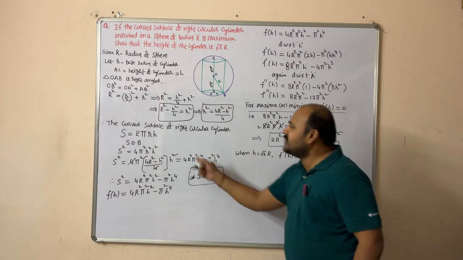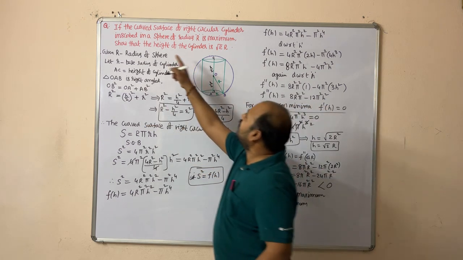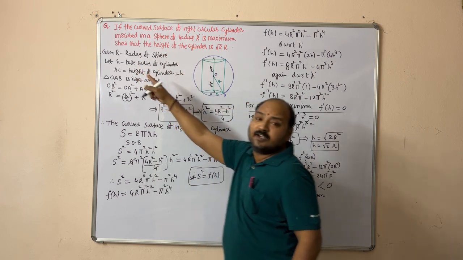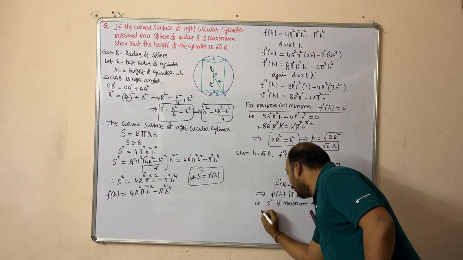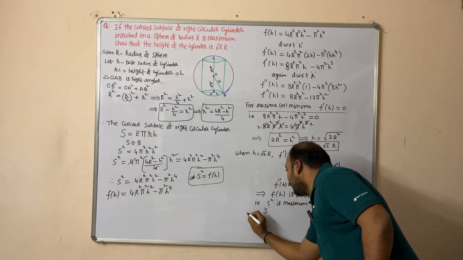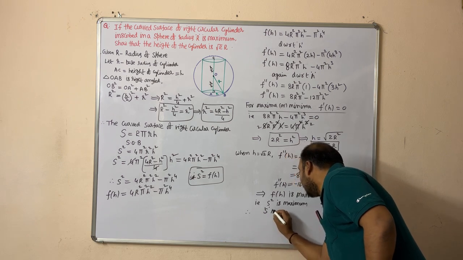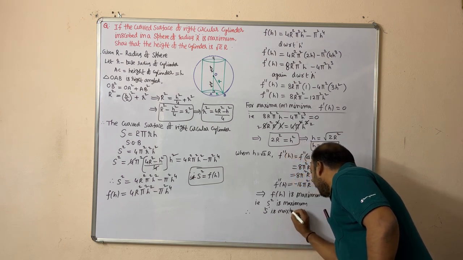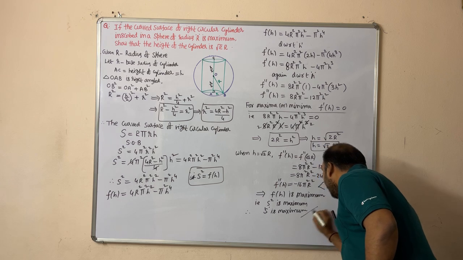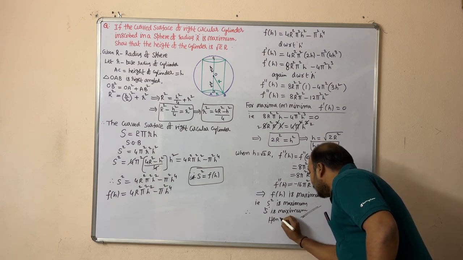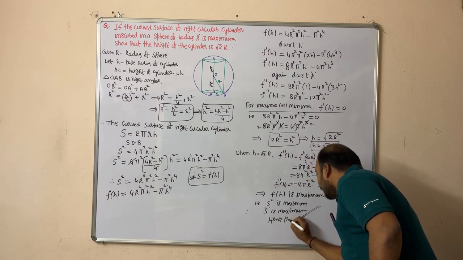S square is maximum means obviously s is also maximum. S is the curved surface area of the cylinder. Therefore, S is maximum, the curved surface area of the cylinder is maximum. Hence proved the result.